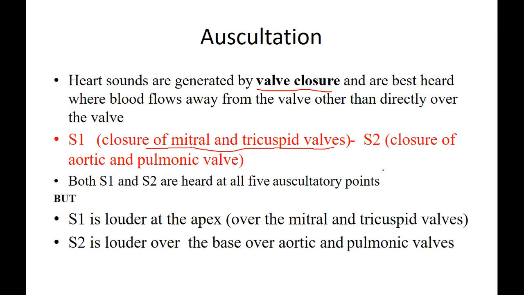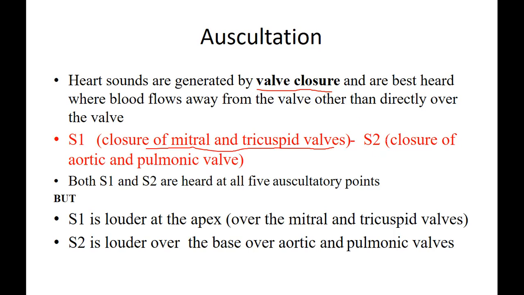Then S2 is produced by closure of the aortic and pulmonic valves. Meaning that immediately after S2, your heart will go into diastole. This is significant because you know that the moment you hear S1, what is following is the systole. The heart is now contracting to push blood into the aorta and the pulmonic vessels.